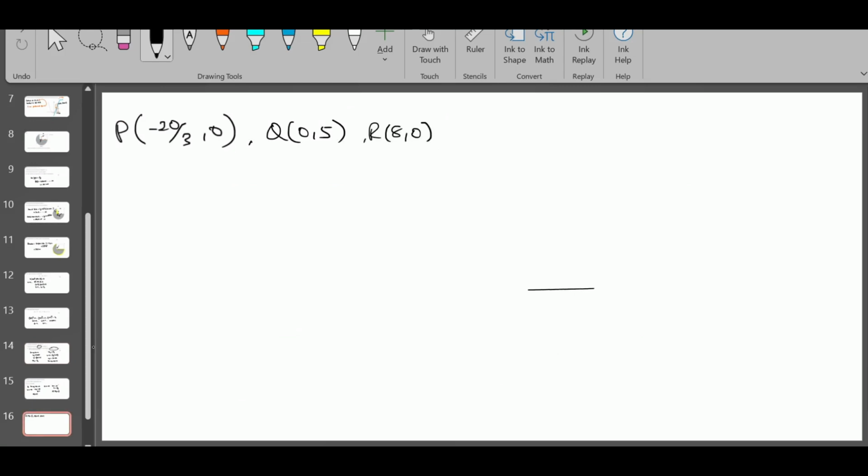Minus 20 over 3, 0 is point P. 0, 5 is point Q. 8, 0 is point R. I'm going to connect them.